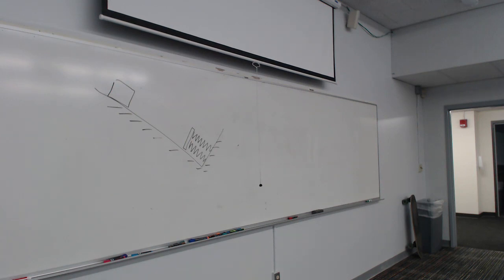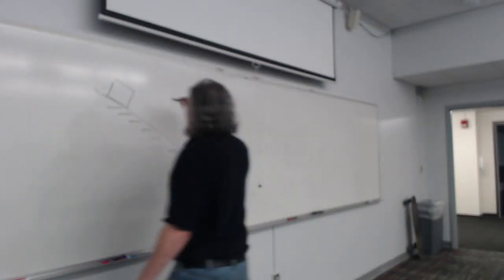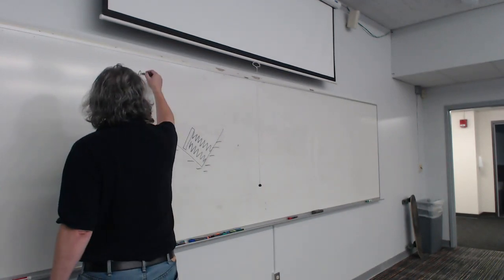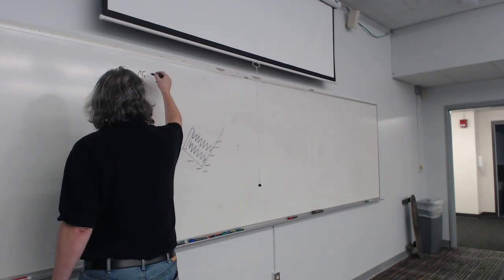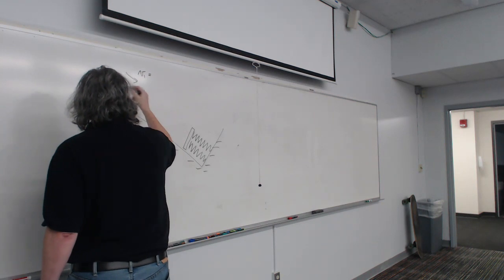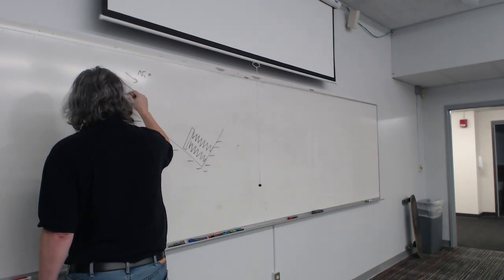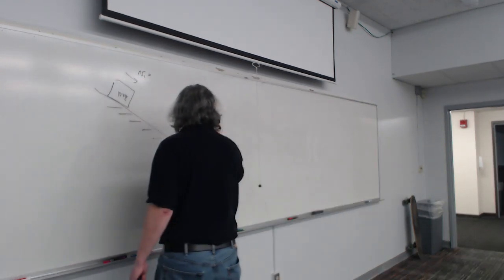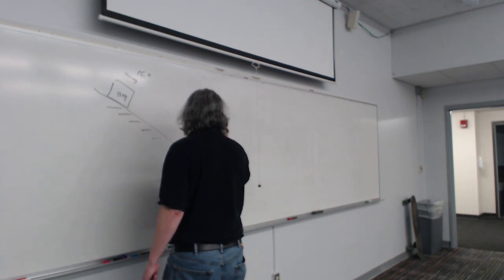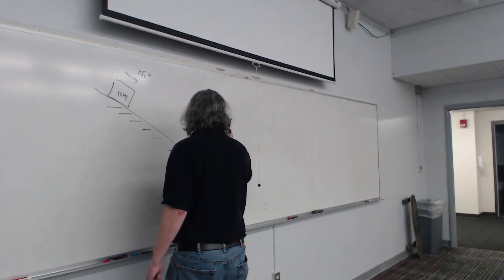All right, cool. So the thing we want to do is, let's say the thing is moving at V1, and let's say that this thing is 10 kilograms, and the total spring constant right here is, I'm going to make it something small, 5 newtons per meter.